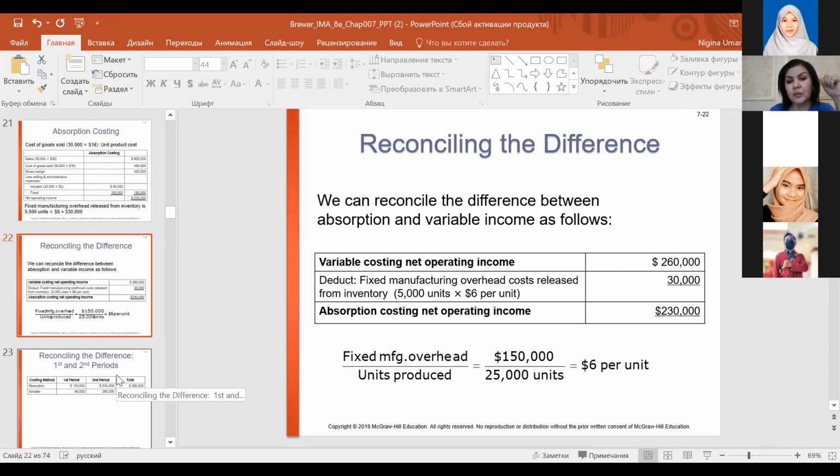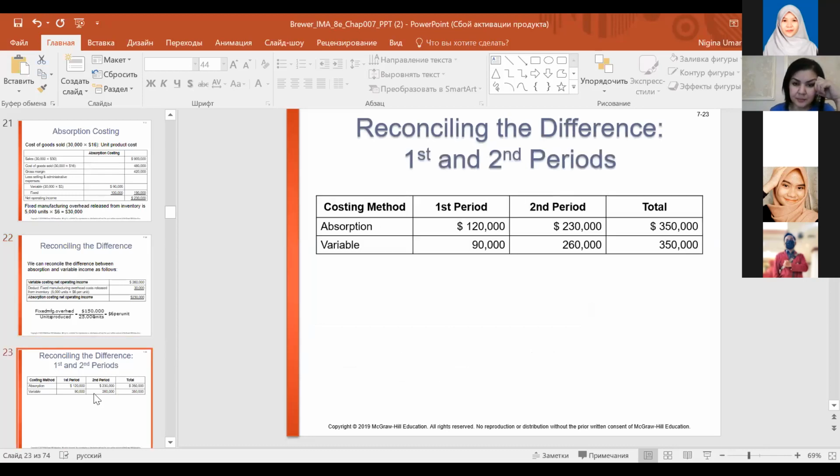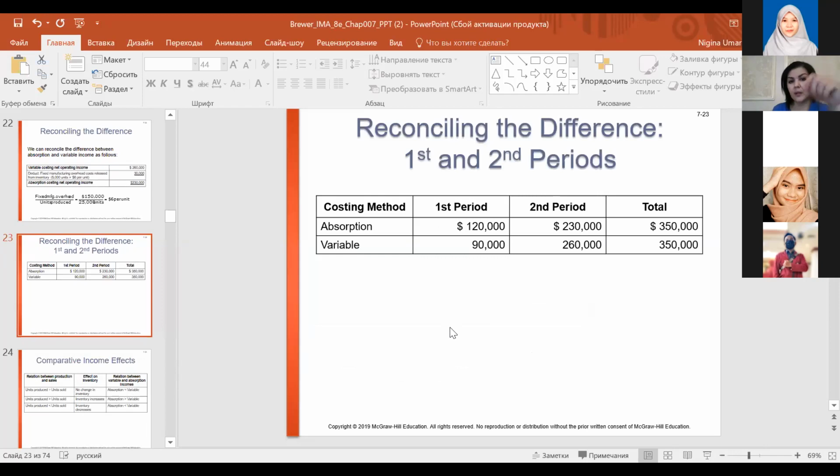And what have you noticed in these examples? So just a very important point here. In the first period, absorption costing profit was higher than variable costing.